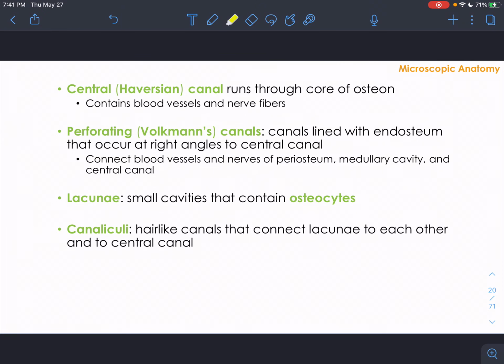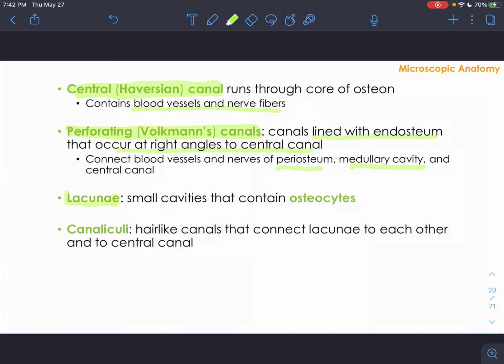So, like I said, the central or Haversian canal runs through the core of the osteon and contains blood vessels and nerve fibers. We have another structure called perforating or Volkmann's canals, lined with the endosteum, that occur at right angles to the central canal. I'll show you those in a second. Basically, they're connecting all the central canals, the medullary cavity, and the periosteum together. So they're connecting everything.